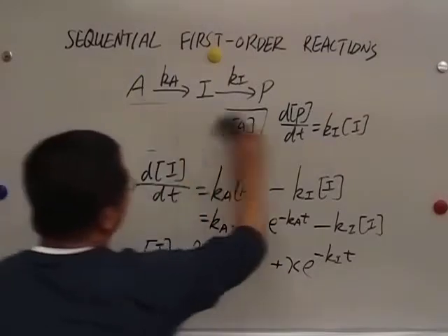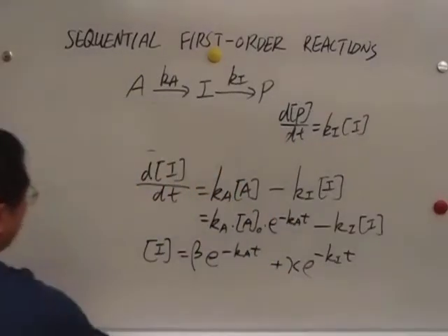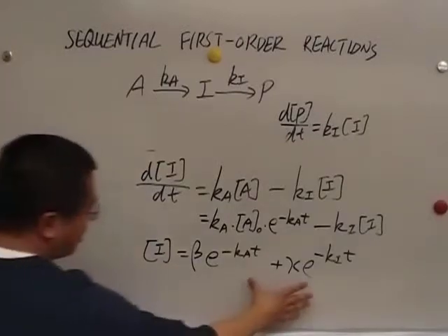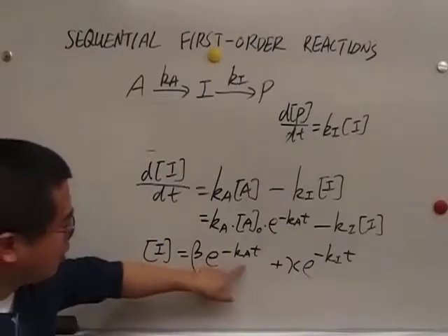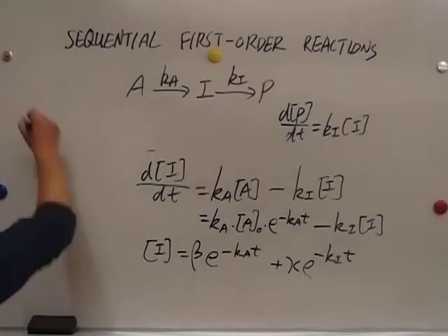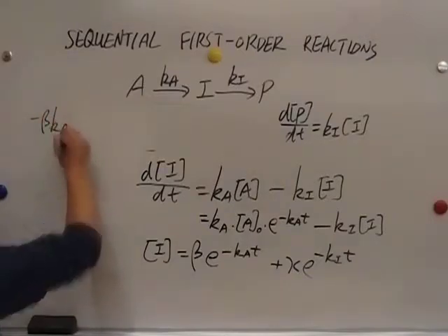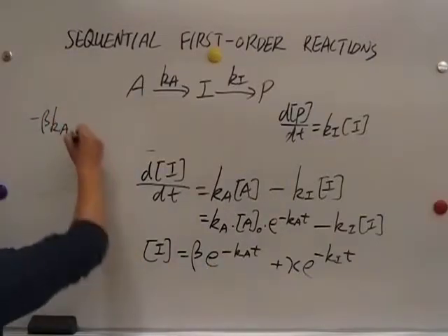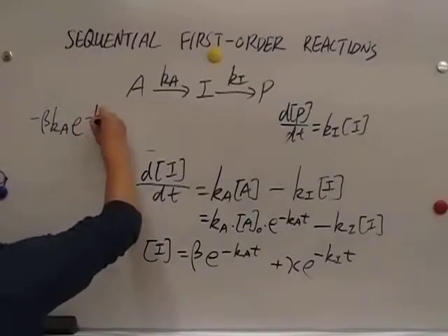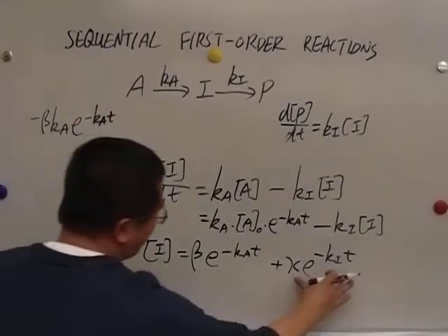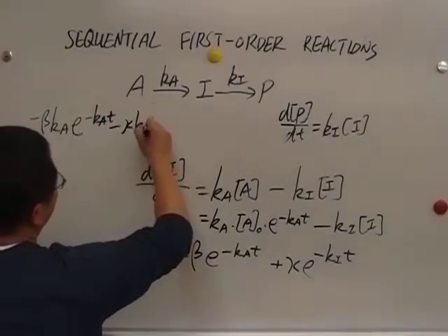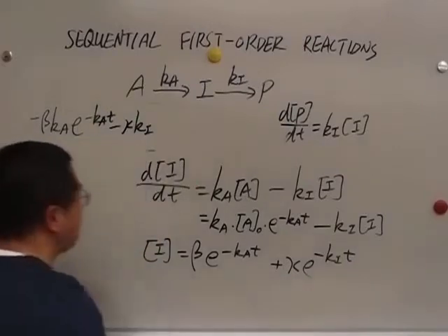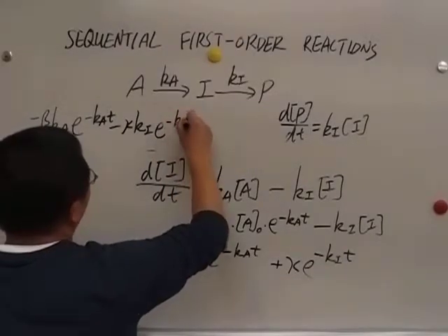I will have to get a bit more space. So I'll go here. I'm going to plug this expression in here. We're taking the first derivative of I, and you can tell it's an exponential function. It's going to be just negative Ka times beta, e to the power of negative Ka t. We take the first derivative of this guy, which is minus kappa Ki, e to the power of negative Ki t.